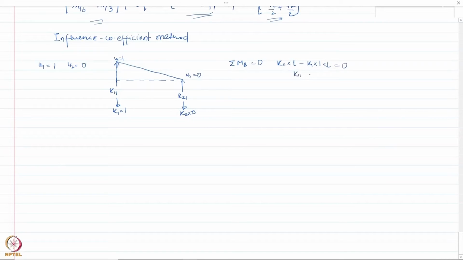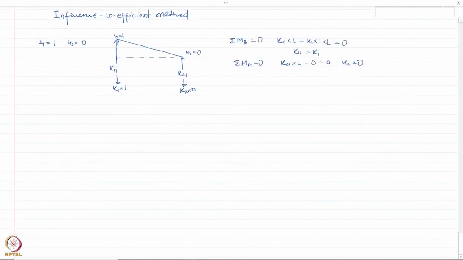So K11 is nothing but K1. Similarly, if I consider summation of moments equal to 0, I would get K21 times L minus, there is no moment created by the force K2 because it's 0, equal to 0. So K21 equals 0. So we've got the first column of our stiffness matrix, which is K1, 0.